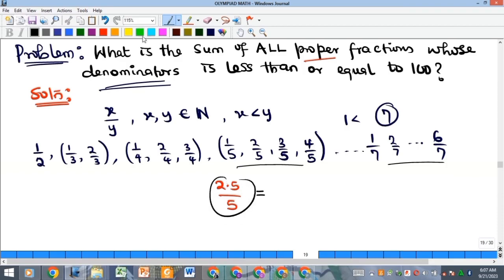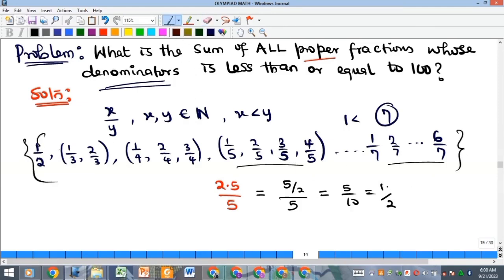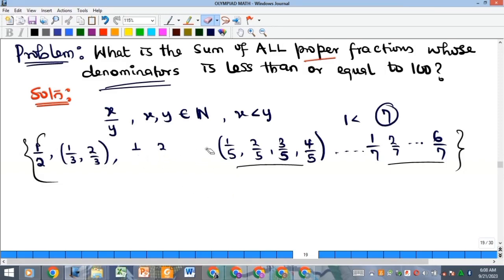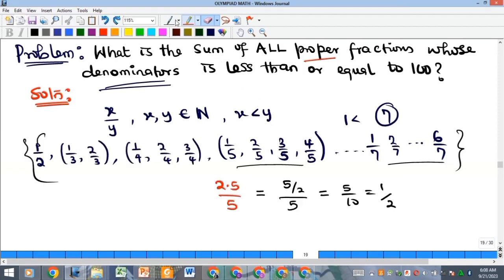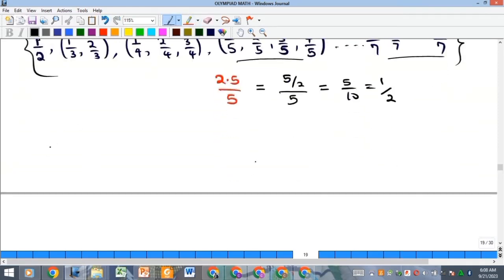For instance, this is the same thing as 5 over 2 all over 5, which is the same as 5 over 10, which is 1 over 2. So all of this will transform into something that falls under this general category. Every fraction will eventually fall into this, so far as it is expressible as a fraction.